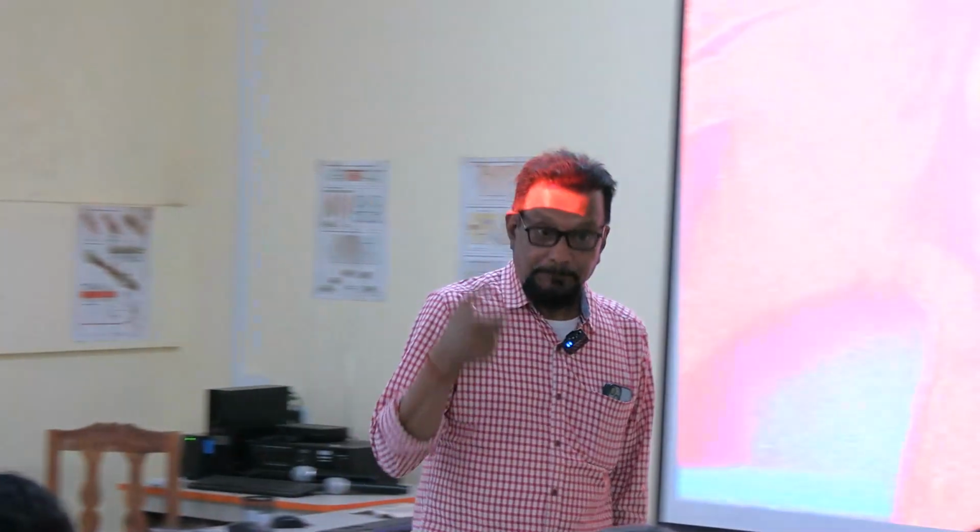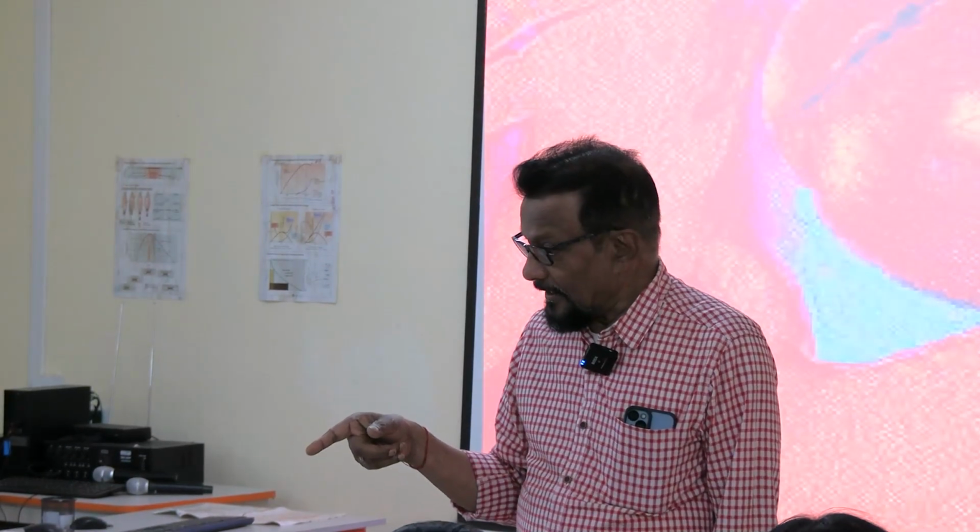According to the number of cardiac impulses it produces in 1 minute, that determines my heartbeat. This area is called the SA node, sinoatrial node, and it is the pacemaker area.